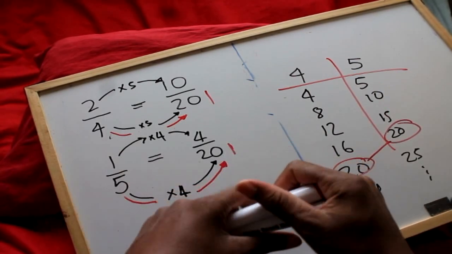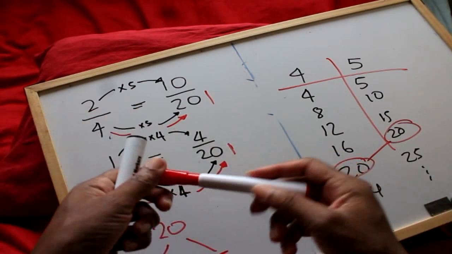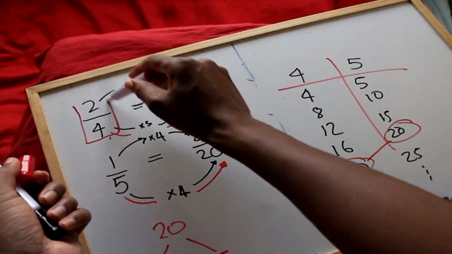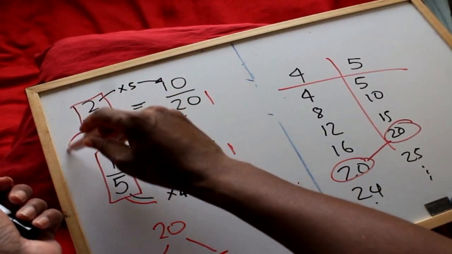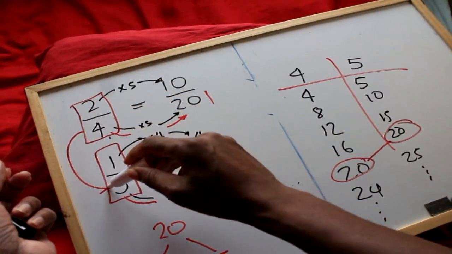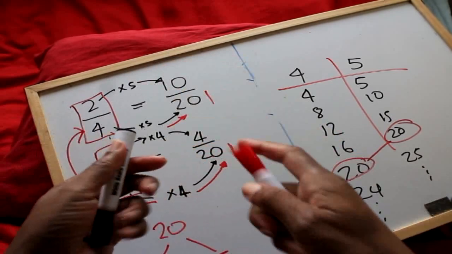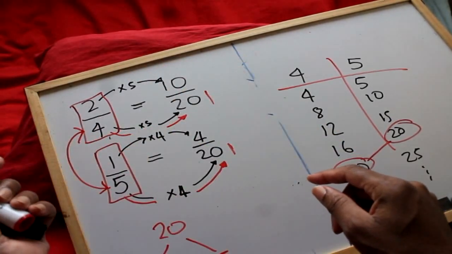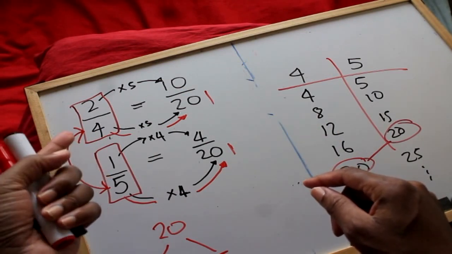So what does all of this mean when we put it together? Well, it means that if you have two fractions that you're trying to add, but they have different denominators, in order to do the sum, you need to find equivalent fractions of each of these fractions.